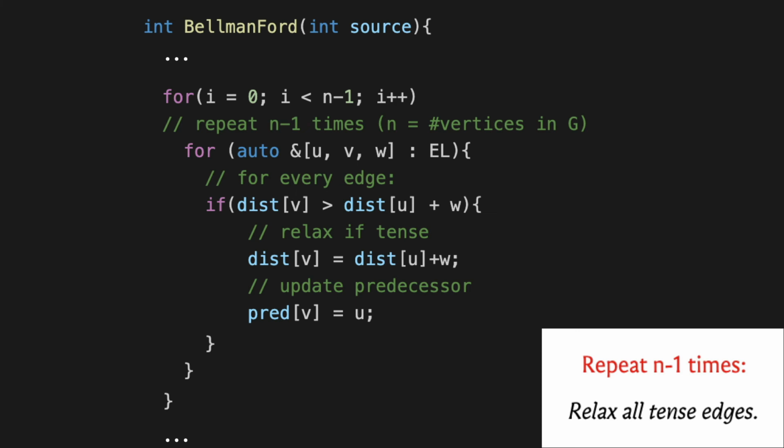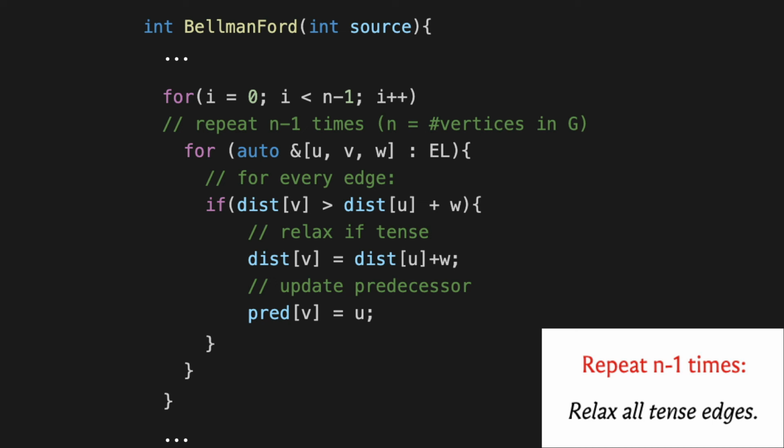And if it is tense, then we just appropriately update the values in the distance array, and we also update the predecessor pointer. Remember that in this algorithm, you don't really need any additional special data structures to be storing the distance values, because we don't need to keep looking up the minimum values or anything like that. So this is really all that is there to it.